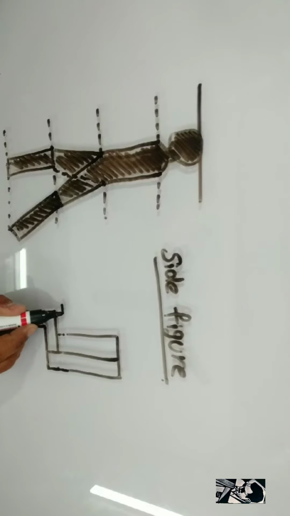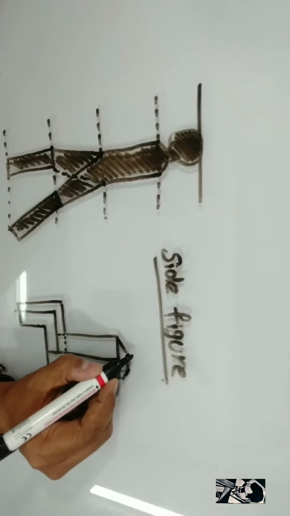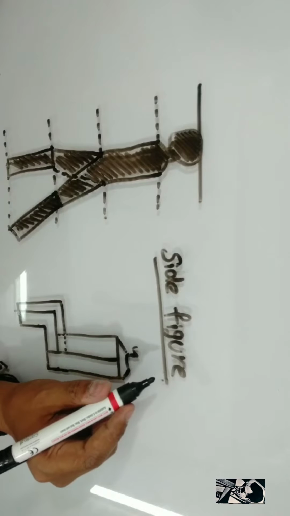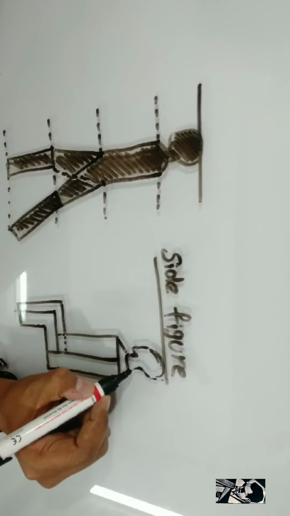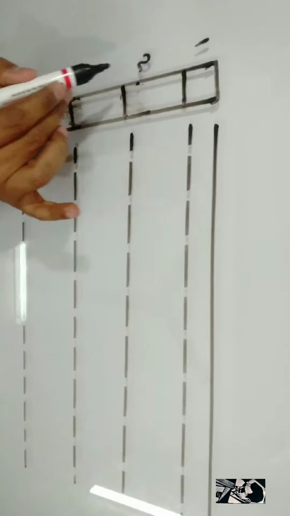As you can see, now the side figure is in box method, like this. And this one is the rectangular shape of a matchbox, which is good for building the body from shoulder to waist.